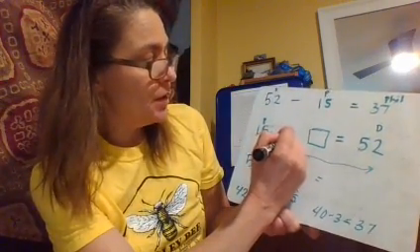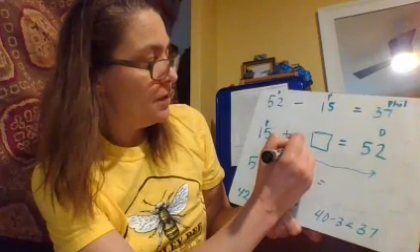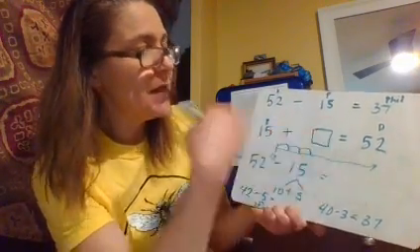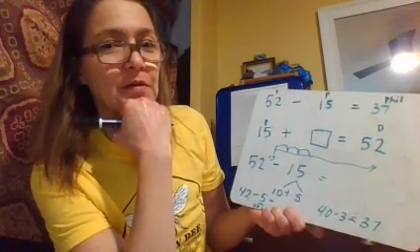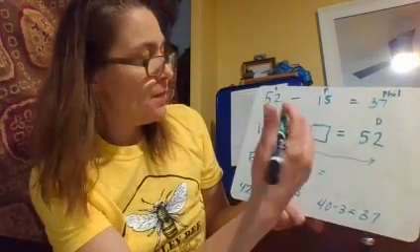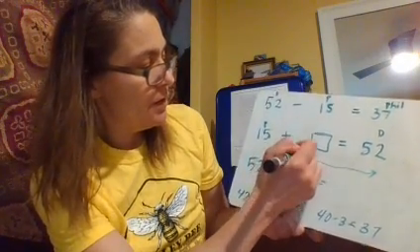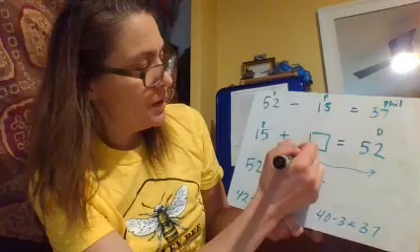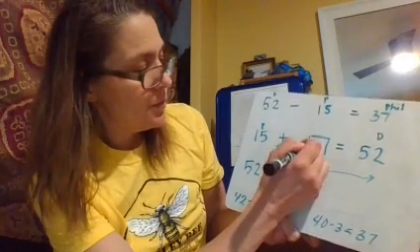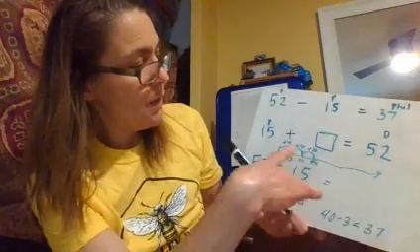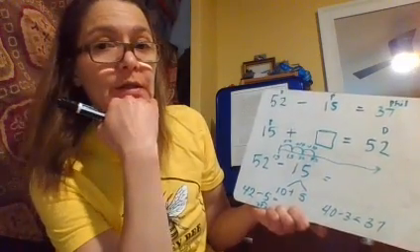So I'm going to go 15 to 25, 35, 45. Now I can't do another 10 because that would put me over at 55. So I'm going to stop there, and I'm going to write plus 10 equals 25, plus 10 equals 35, plus 10 more equals 45. So now I have plus 30.